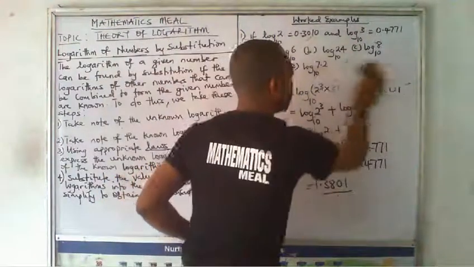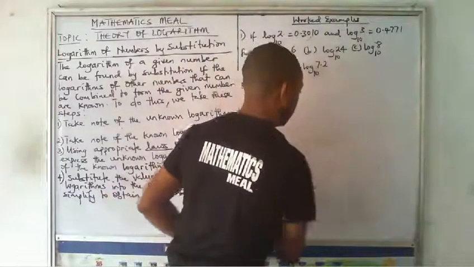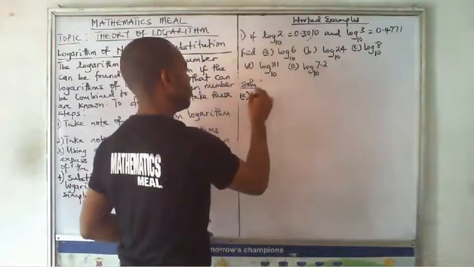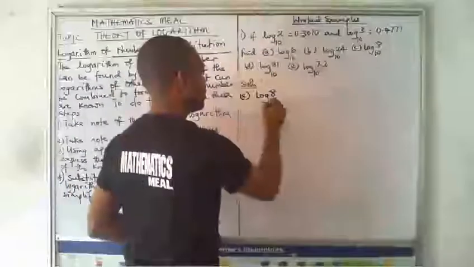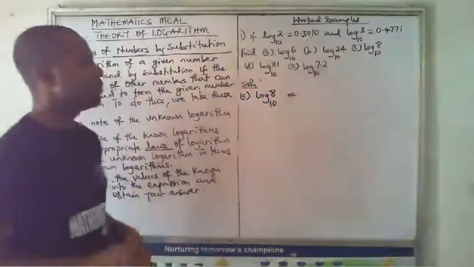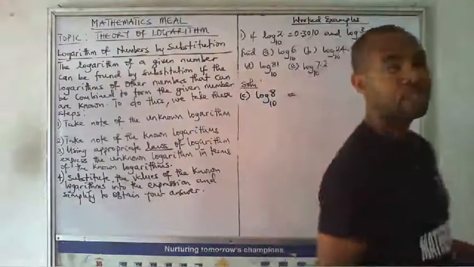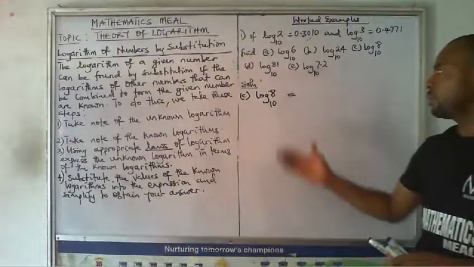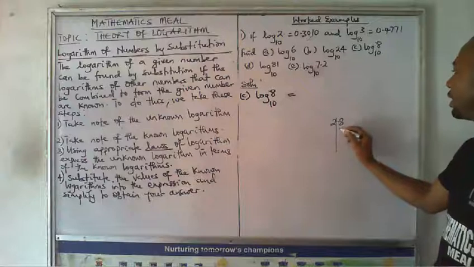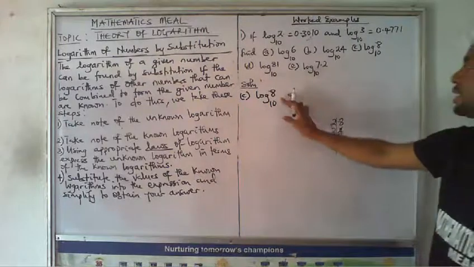Question C. We want to find log 8 in base 10. Someone will say, how will I express 8 in terms of 2 and 3? Anyway, 3 will not come in here because 3 is not a factor of 8. So we can only use 2. How many 2's are in 8? 3. So I can write 8 in terms of 2. Why?